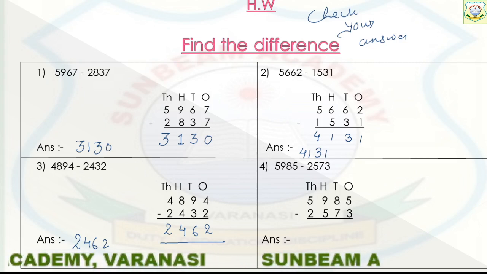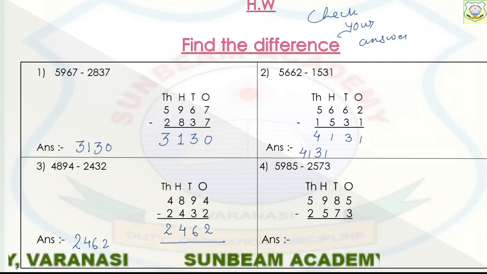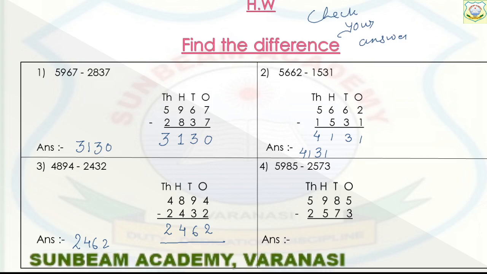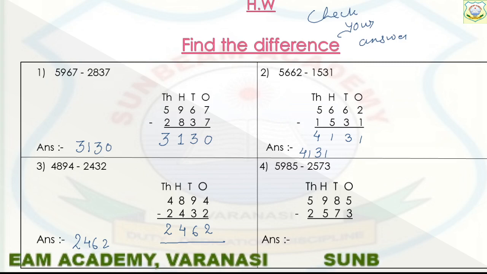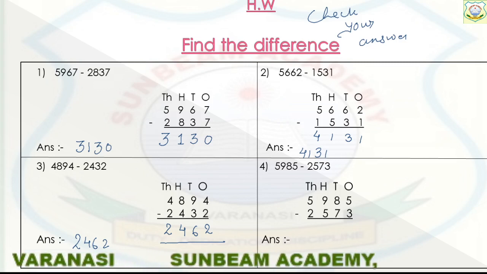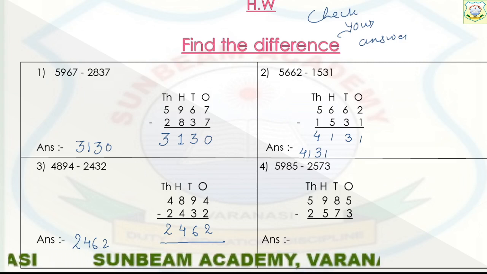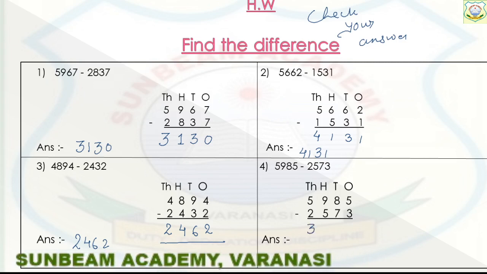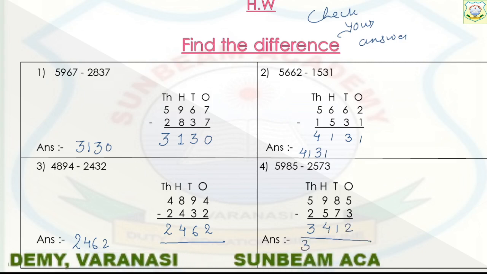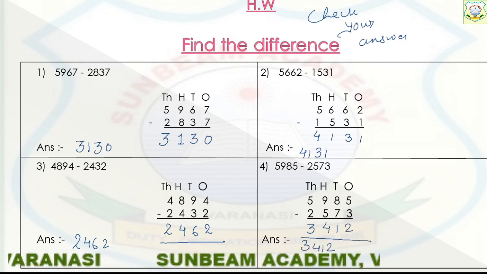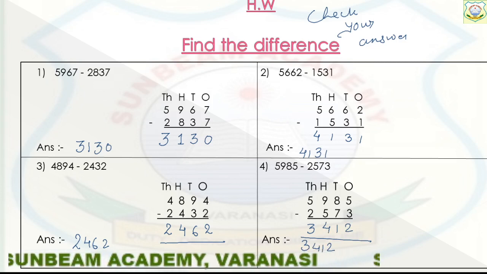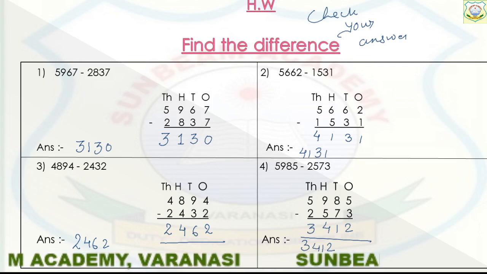Next is 5,985 minus 2,573. Why am I repeating the question? So that you can see that you have written the correct digit or not. So the answer is 3,412. If you have got this as an answer, then your answer is correct. Have you checked it? Yes?